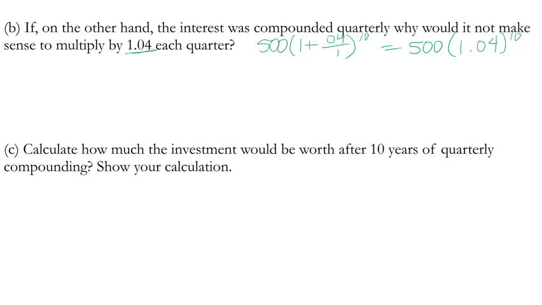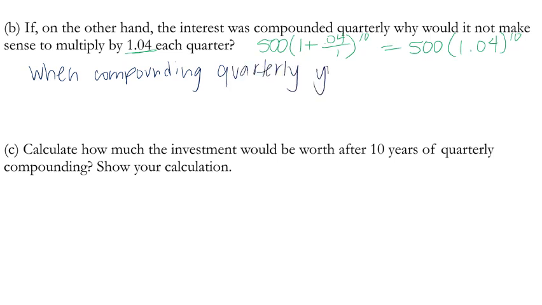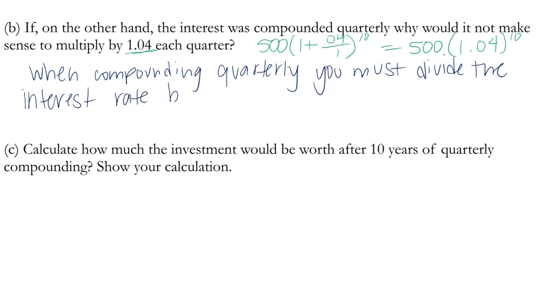So for this, we'd write some sort of statement like: when compounding quarterly, you must divide the interest rate by 4, something like that.